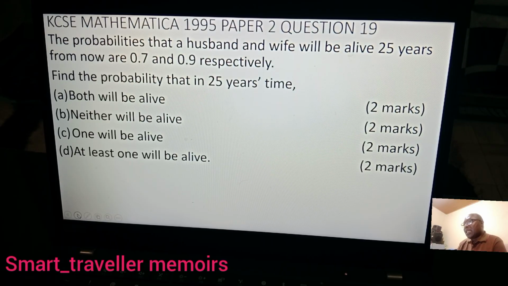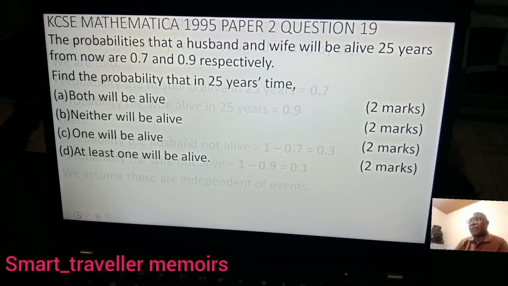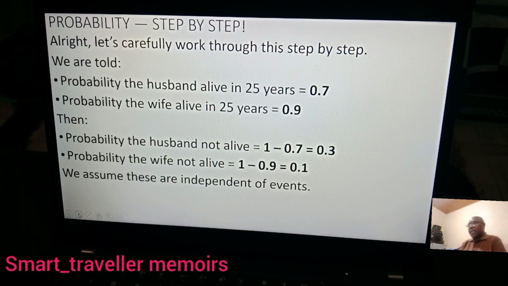Find the probability that in 25 years' time, A, both will be alive, B, neither will be alive, C, one will be alive, and D, at least one will be alive. All right, let's carefully walk through the question step by step.